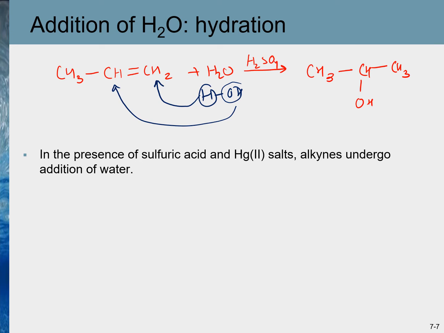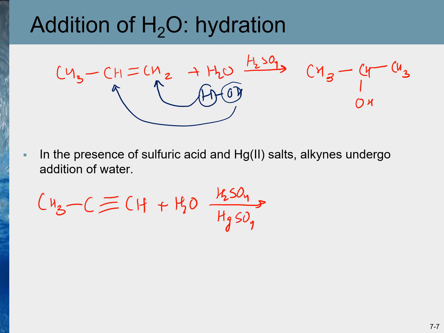So let's write an equation. For example, if we react propyne in this case with water, the catalyst will be sulfuric acid and a mercury salt, for example mercury 2 sulfate.